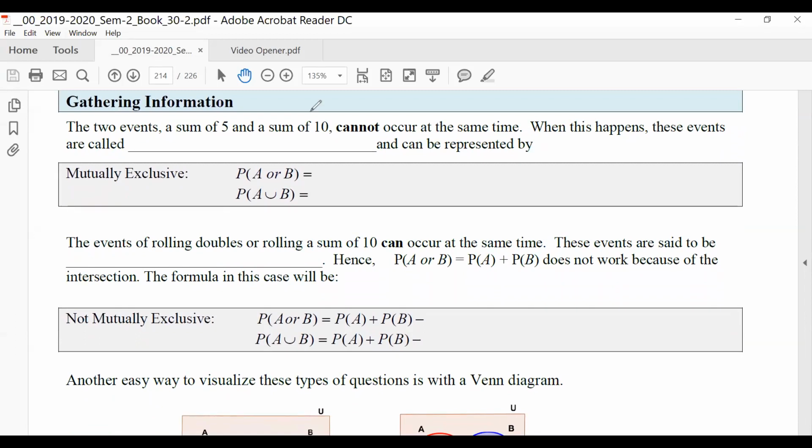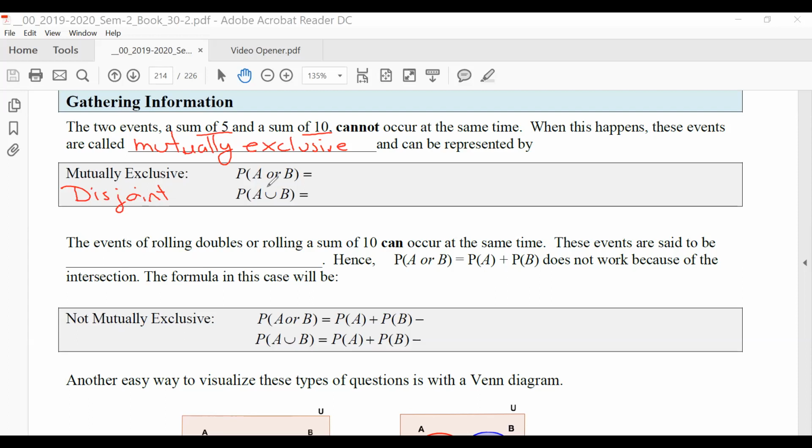So when two events, like getting a sum of 5 or a sum of 10, cannot occur at the same time, in the past we called this disjoint. But in this unit, because we're talking about probability, they define that as mutually exclusive. But I want you to keep thinking it's also known as disjoint.